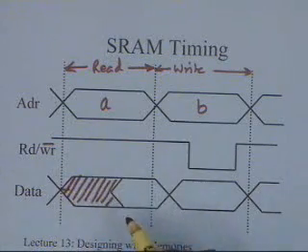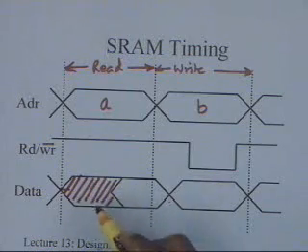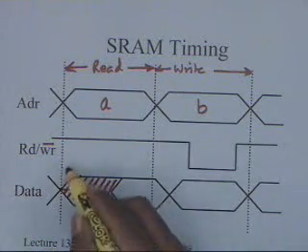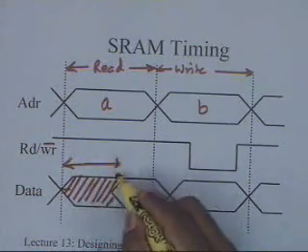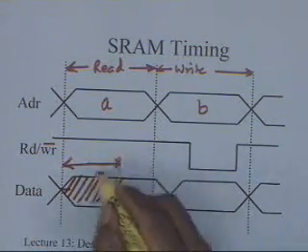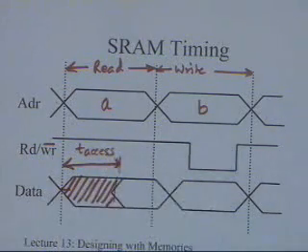So what happens is, there may be a certain phase when you even have this as tri-stated, but apart from that, for the output that comes during the read cycle, there is something called an access time of the RAM. There is a very important time, and your cycle time is actually very close to, or larger than this, but this is the minimal time.